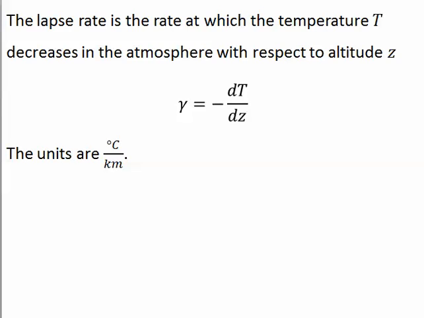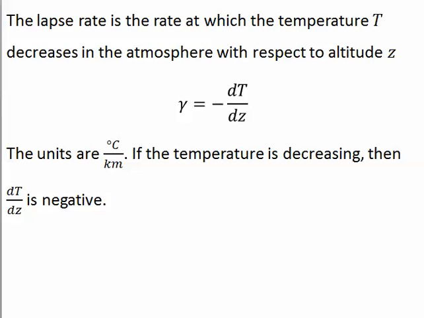The lapse rate, so we're going to do an example. The lapse rate is the rate at which the temperature decreases in the atmosphere with respect to altitude. The units that we're going to be using are Celsius per kilometer. Now notice that if the temperature is decreasing, then dT/dz is negative.